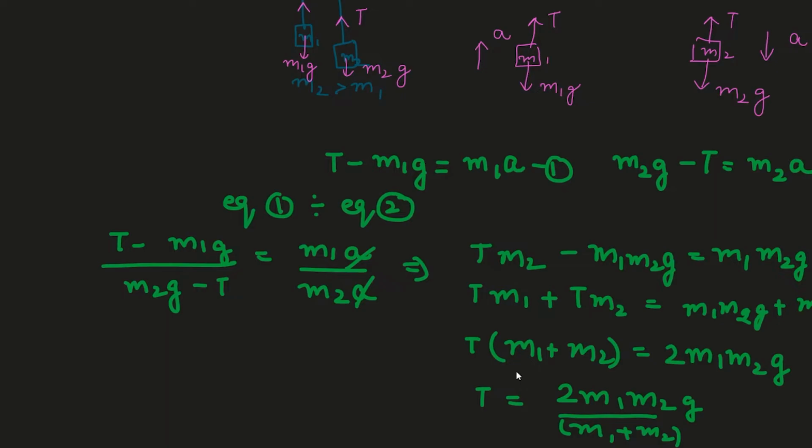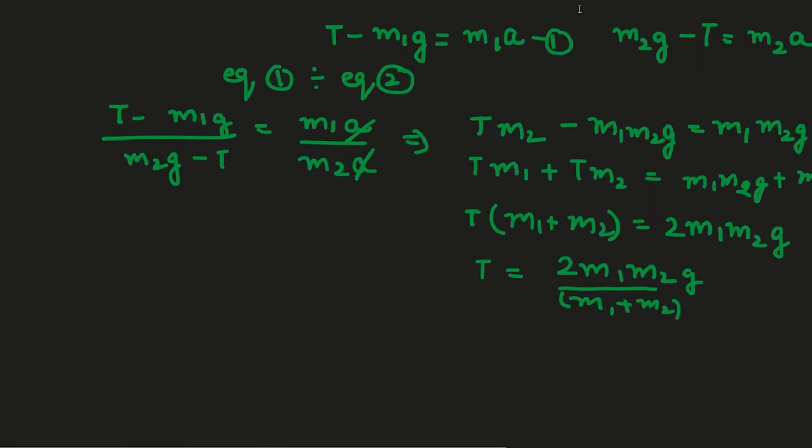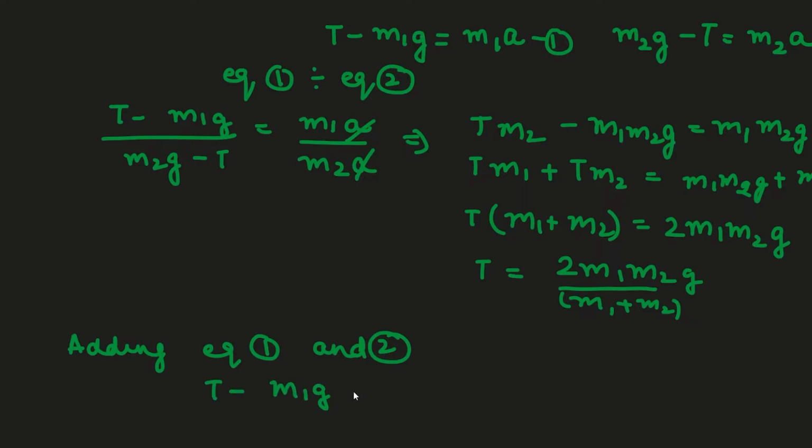There is another way also to find out acceleration. We can simply add the two equations, that is, equation number 1 and 2. So let's see what we get. Adding equations 1 and 2, we get T minus m1g plus m2g minus T is equal to m1a plus m2a.